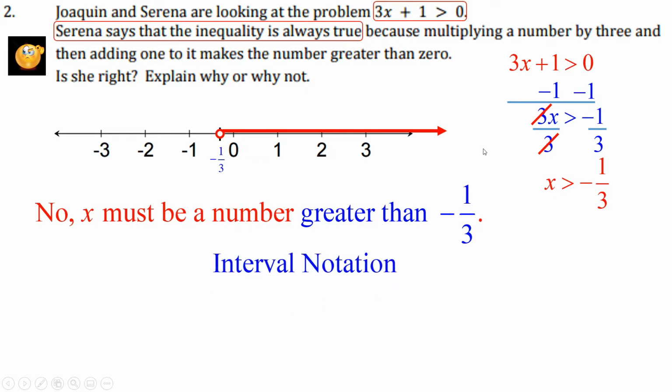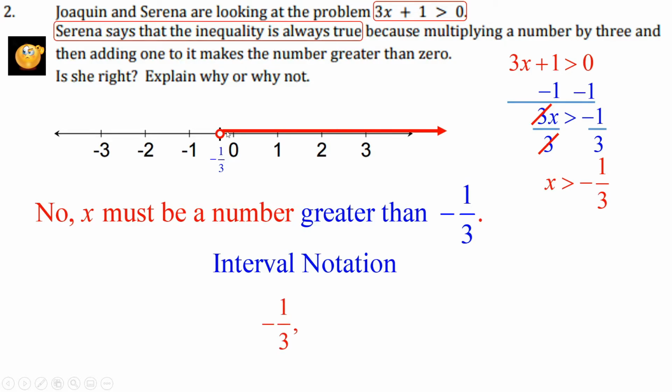Let's practice interval notation now here, because look at what we have. We have set notation right there: x is greater than negative 1/3. We have a graph that says the same thing. So let's keep practicing all of our notations. All right, interval notation, there's my comma. And x is greater than negative 1/3. So my bound on the left is that negative 1/3.